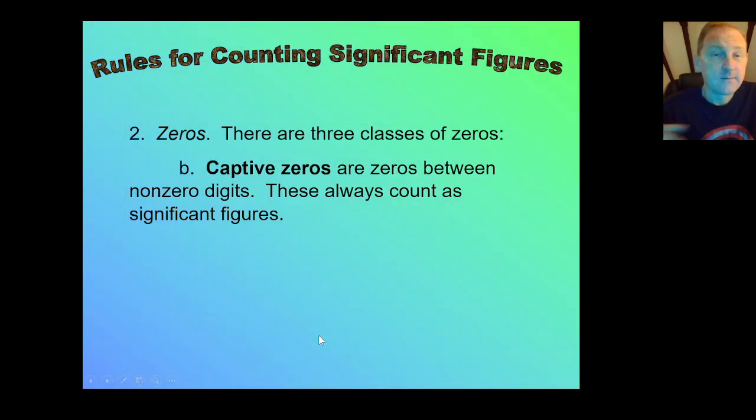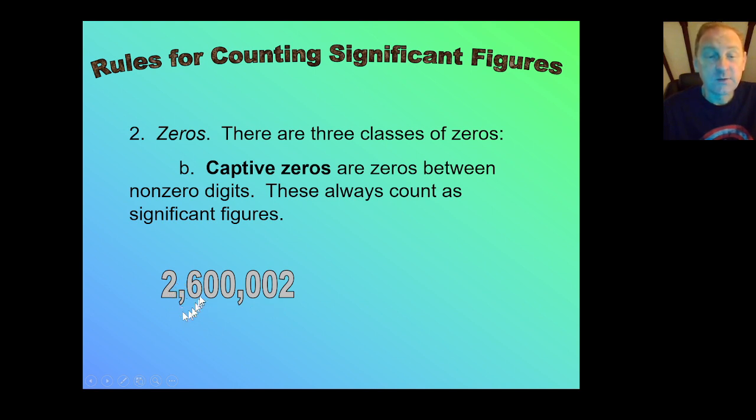The next type of zero is a captive zero. Captive zeros are zeros that go in between the non-zero integers, such as this number here, 2,600,002. So we have the 2, the 6, and then we've got another 2 here, and we've got 4 captive zeros. Captive zeros are in between, and they always count.